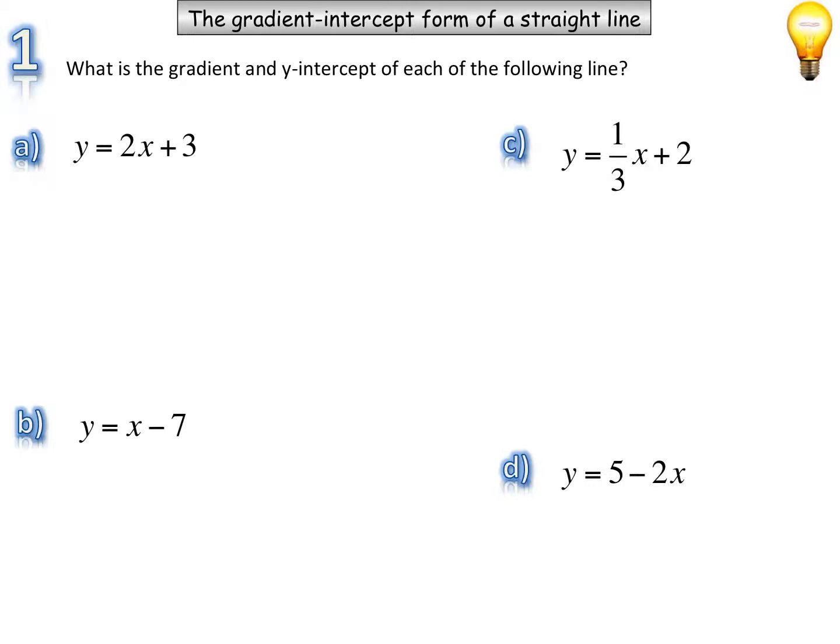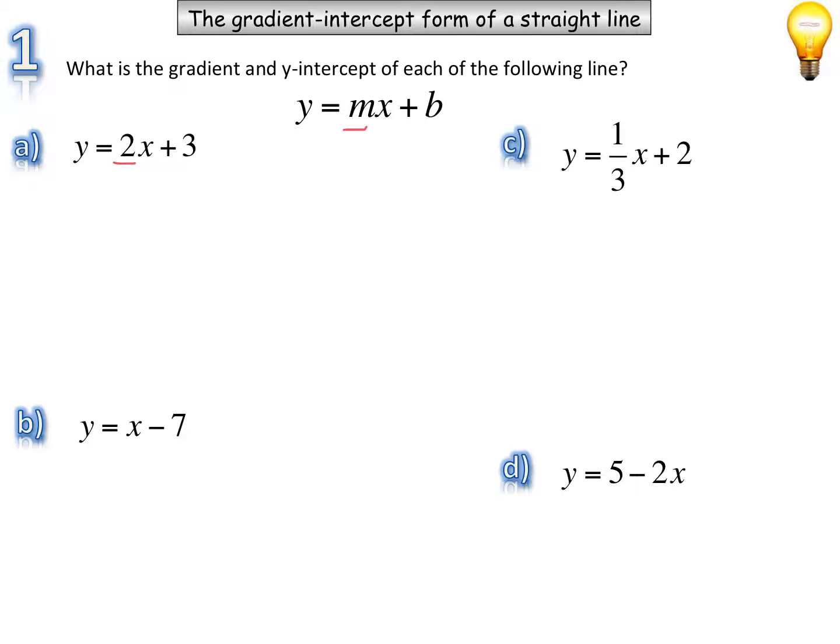Okay, so looking at y equals mx plus b, for each of these lines, we need to write down the gradient and the y-intercept for each linear function. So the first one says y equals 2x plus 3. So this m, or the coefficient of x, a coefficient is a number in front of a variable, and the coefficient of x here is the gradient.